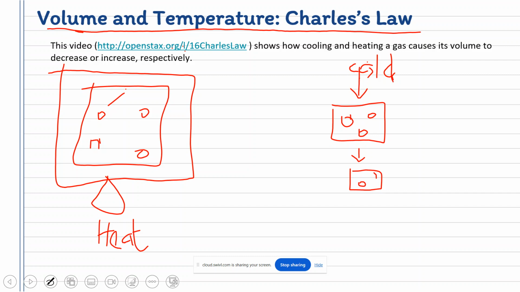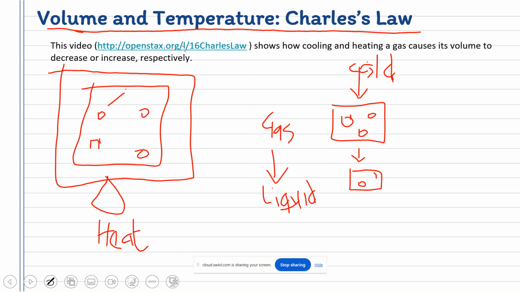The molecules are not agitated to keep on moving around, like they are kinetically not engaged. So with time, the more you take heat out of the system, the gases begin to contract and become closer together, and they eventually will change from a gas into a liquid. And when they change from a gas to a liquid, they take less space as compared to when they were in a gas. And that's what we saw in the video.